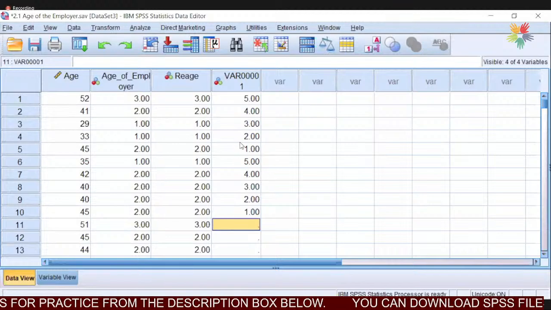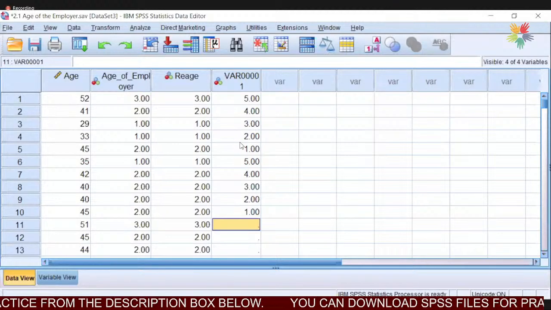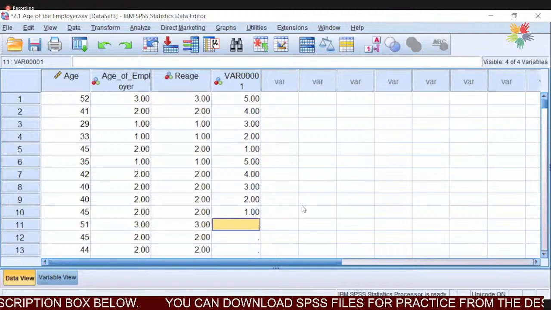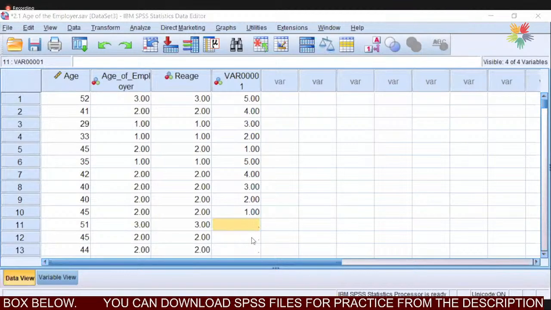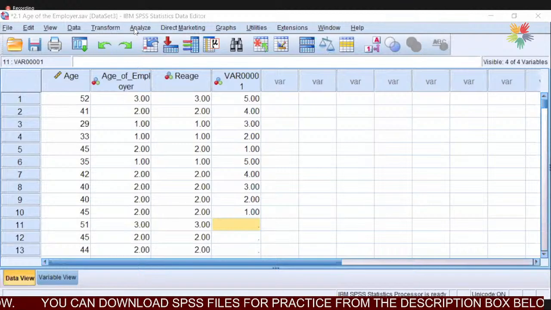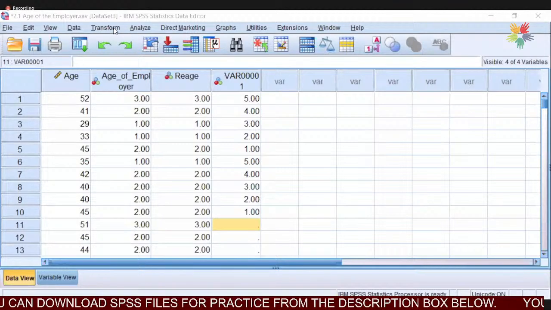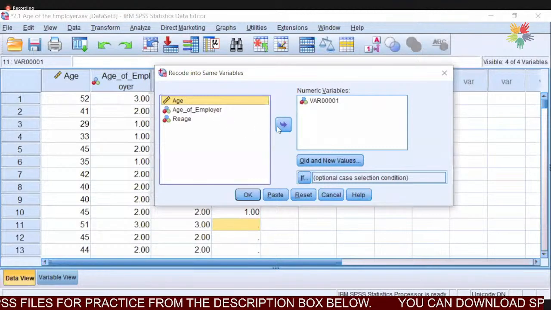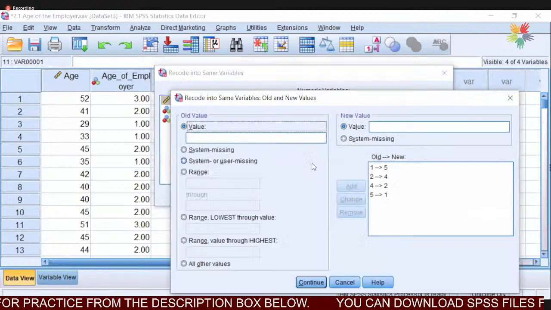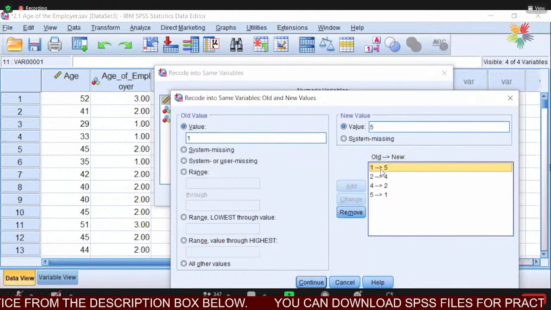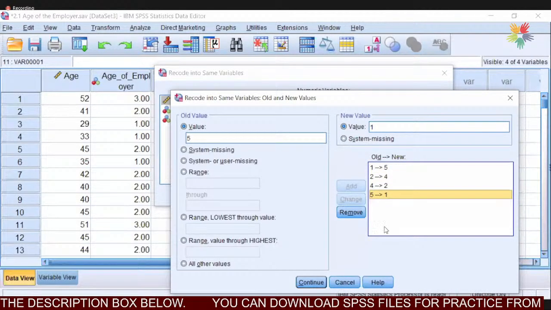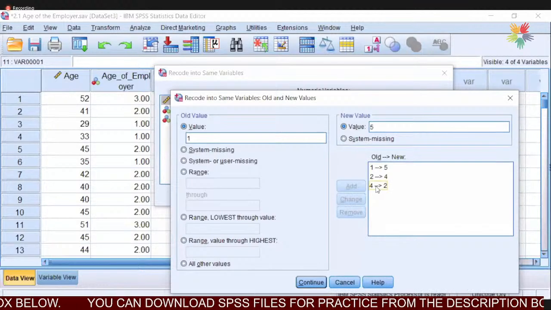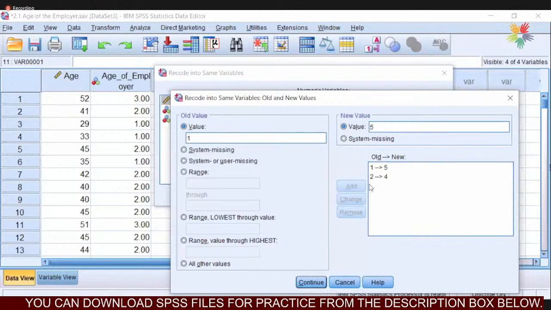Now, if you want, for example, to convert a missing value to 0, then transform, recode into same variable. Here, age. So now these I will remove, otherwise it will be done again.